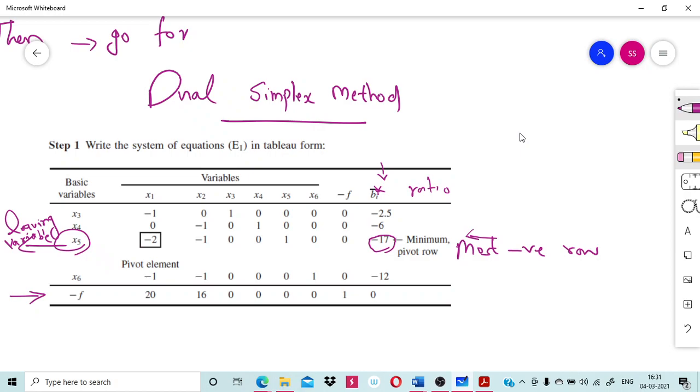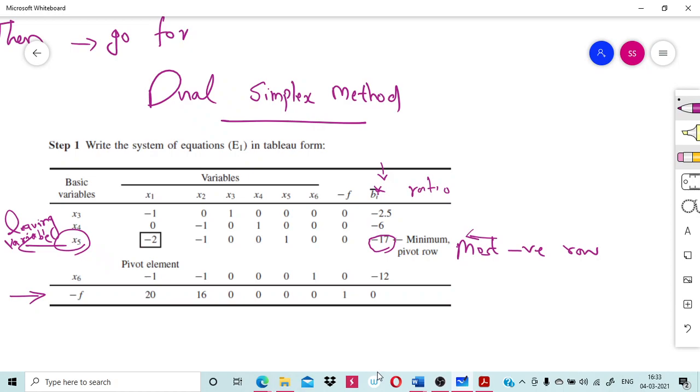So in this case, the pivotal row is the corresponding row, and now you have to find the entering variable.